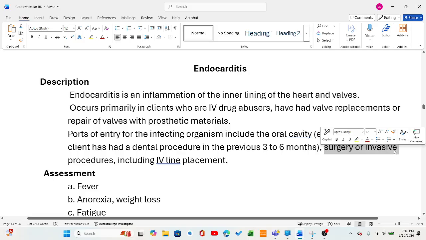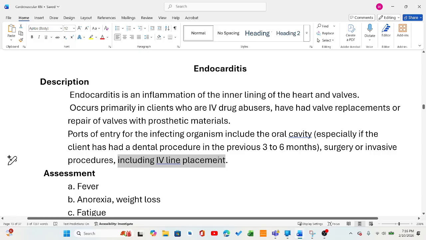That's why after surgery, they put the person on antibiotics to help prevent all this from happening. If you have an IV line or central line and you're not properly taking care of that, what happens is that you can introduce bacteria into the heart and cause endocarditis.